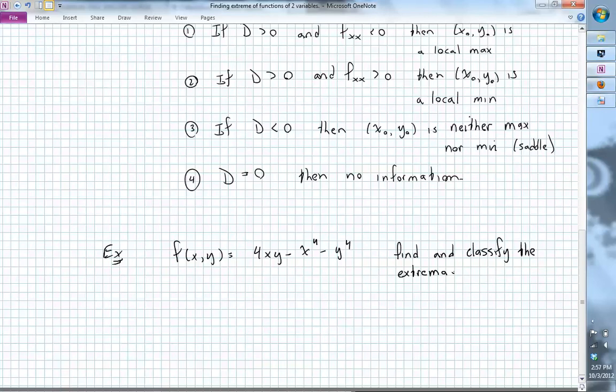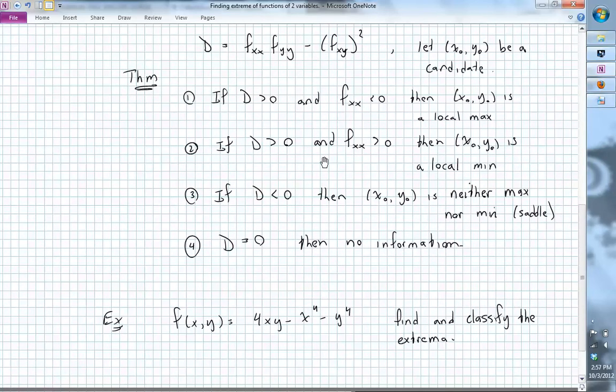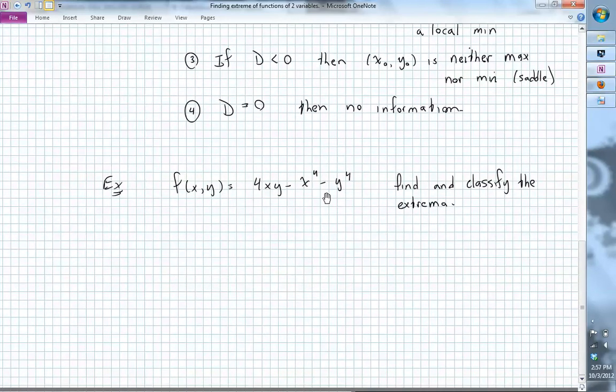All right. Well, let me just tell you how this is going to go. We're going to set the first derivative equal to 0. We're going to find candidates, and then we're going to take those candidates and try the discriminant theorem on each of them. So in order to do all of that, we're going to need all the first partials and all the second partials. So probably a good way to go at this point would just be to find all of those guys.